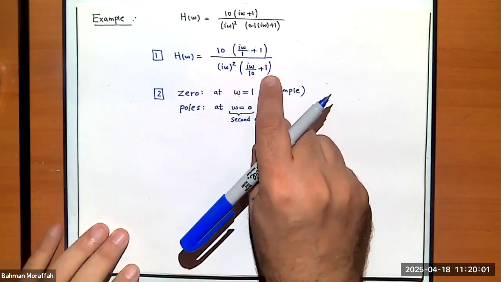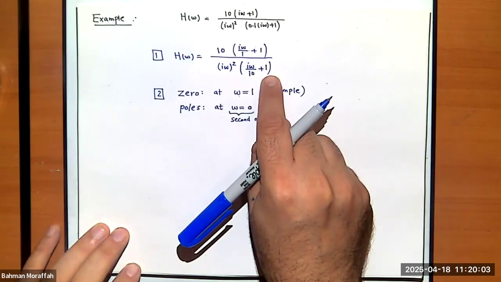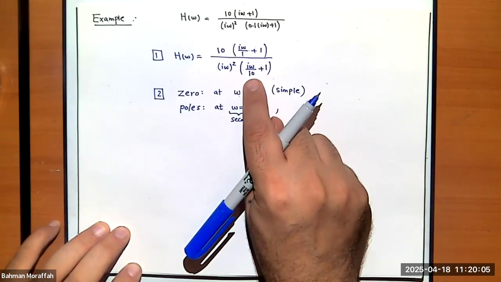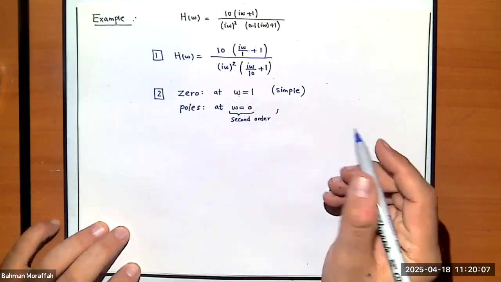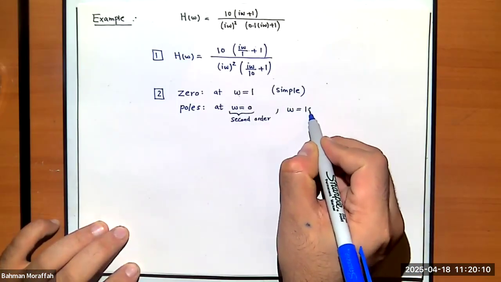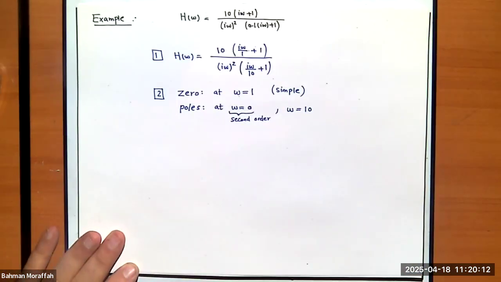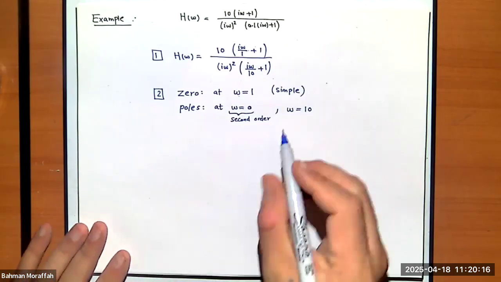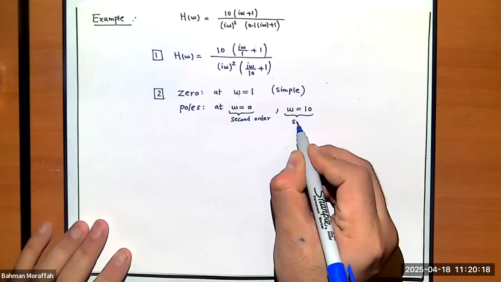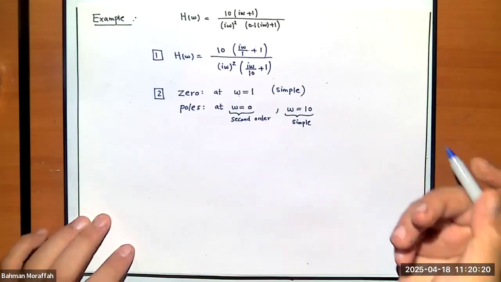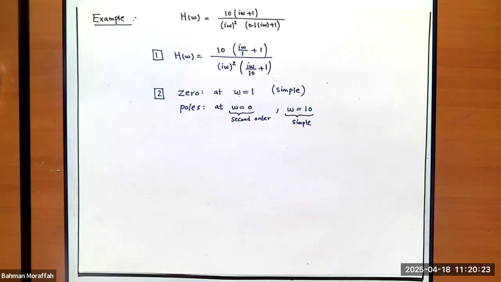And if I look at this term, that tells me exactly where my pole is. The pole is happening at omega equal 10. What kind of pole is this one? This is a simple pole as well.